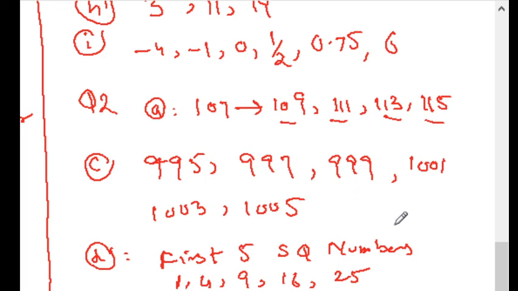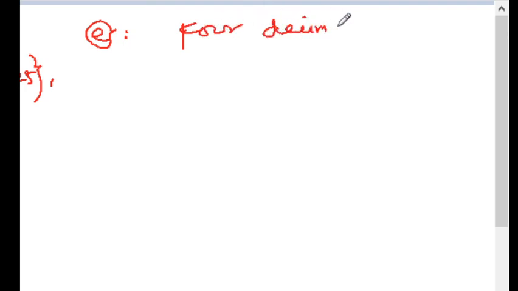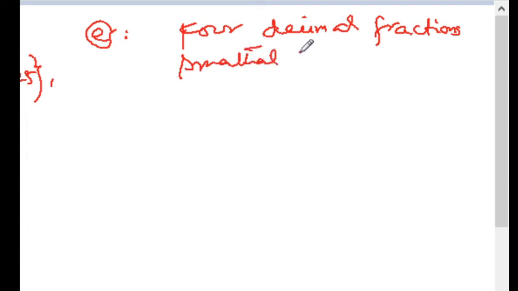Then the next part I'm doing is part E. Part E is saying 4 decimal fractions that are smaller than 0.5.